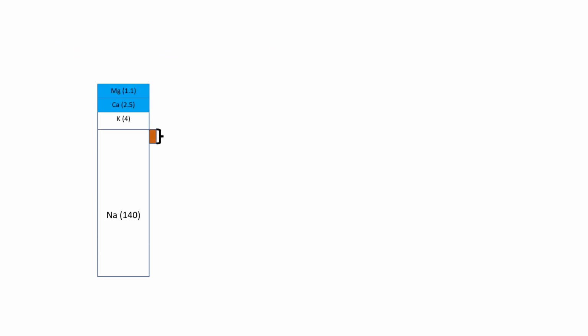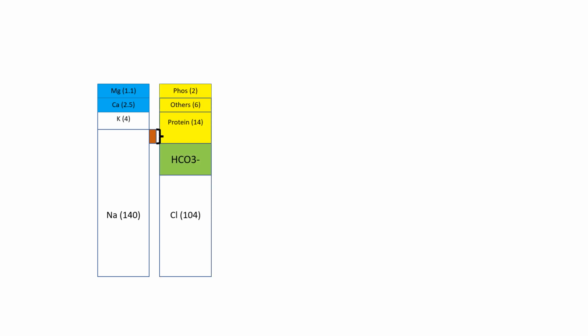Now what happens is that normally this is the normal distribution of cations in plasma and the normal distribution of anions in plasma. We see that to maintain the electrical neutrality, this amount of cations is slightly more than this amount of anions. So the value of the cations which we can measure is actually equivalent to unmeasured anions.